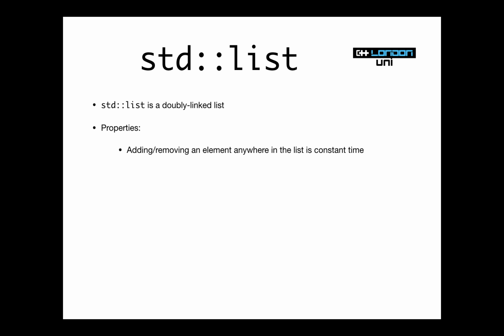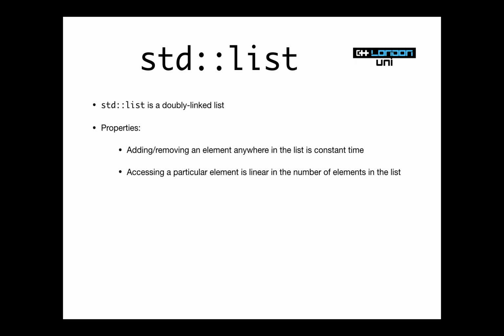We have to knock down half our terrace houses, build a new house, and then rebuild all of those houses. And that's slow. So that is really the only advantage that a list has over a vector: you can insert anywhere into the list quickly.